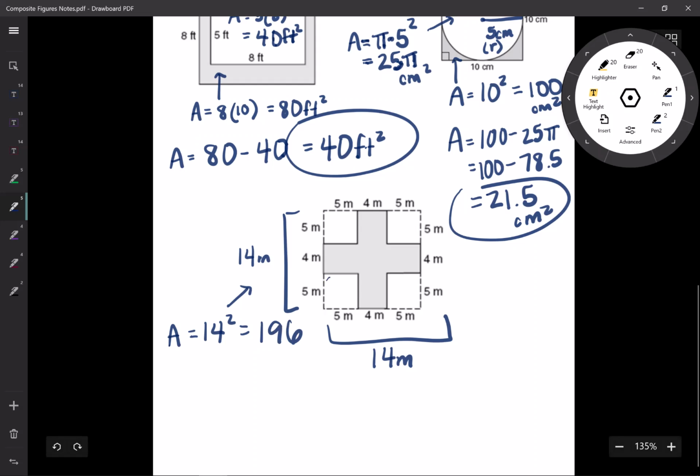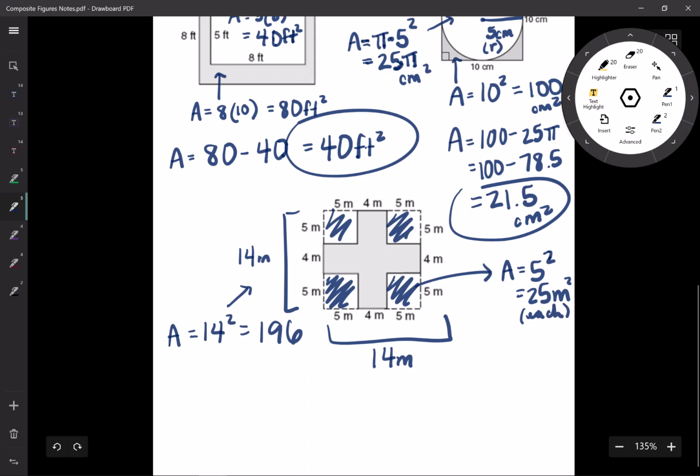And then if you notice, there's 4 of these little squares that are cut out, not included in the shaded region. And they're each 5 by 5 or 25s, right? So each of these small squares are 25 meters squared each.